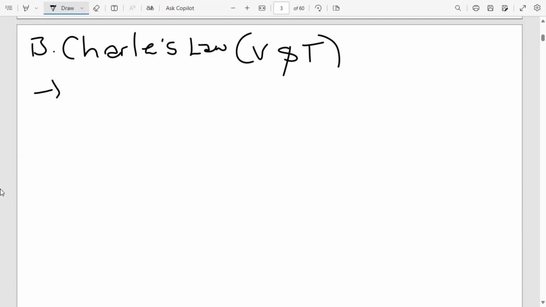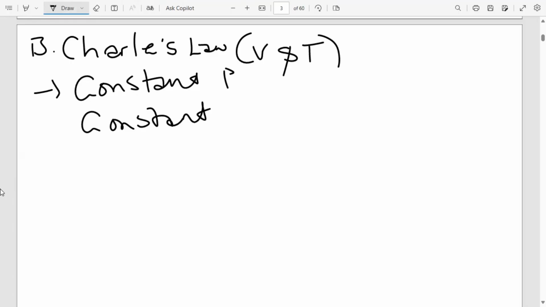So this law states that when you have constant pressure, which means you've maintained constant pressure, and also the number of moles has been maintained constant, you're going to notice that the volume of this gas is going to be proportional to the absolute temperature. It's going to be directly proportional to the temperature of the gas, provided that you've maintained the constant pressure and the constant number of moles.